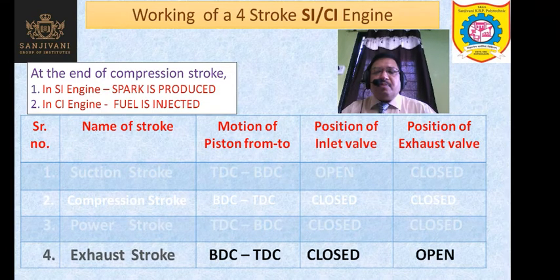Piston moves from bottom dead center to the top dead center. In case of horizontal engine, during the exhaust stroke, we say that the piston moves from the outer dead center to the inner dead center. So during the exhaust stroke, the inlet valve is closed and the exhaust valve is open.